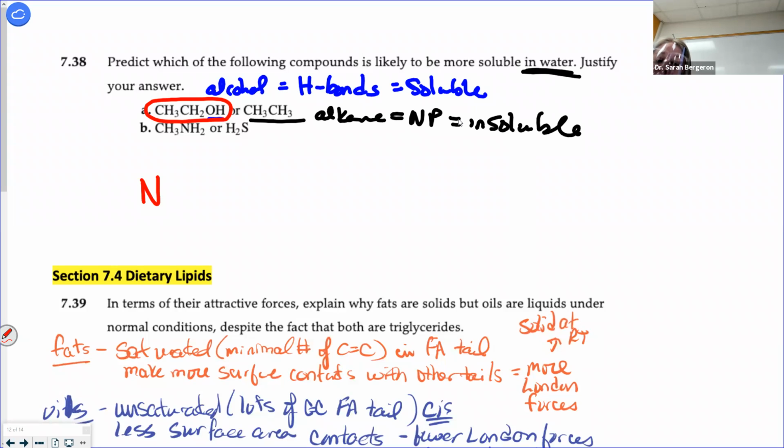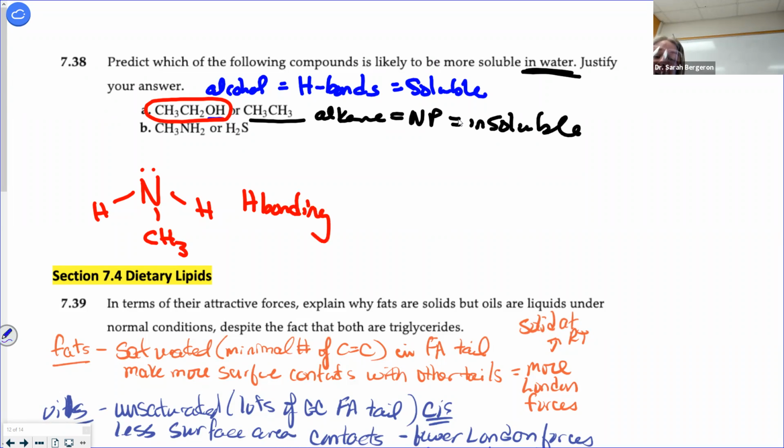If I have a nitrogen, this nitrogen has 2 hydrogens attached and it has a methyl group, right? If you drew this Lewis structure, what's on that nitrogen? A lone pair. Do I have a hydrogen bound to an electronegative element, like N, O, or F? Yes, nitrogen. So I can have hydrogen bonding.